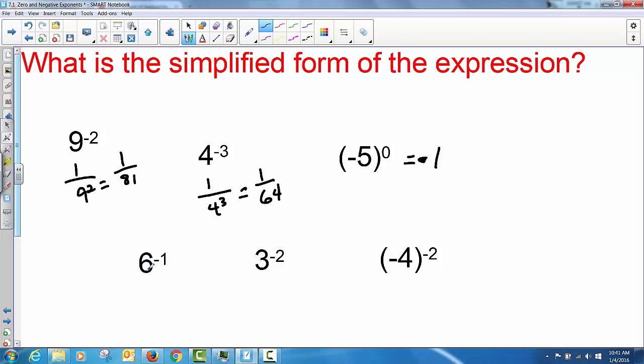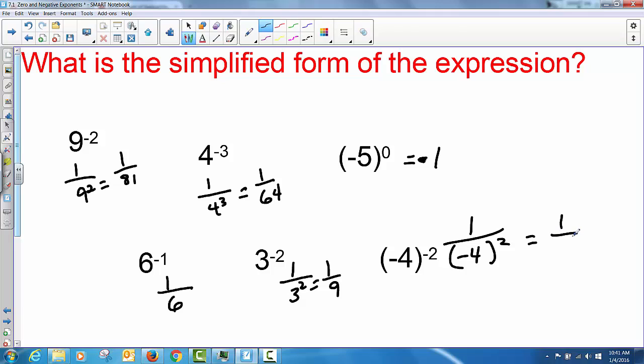Okay? 6 to the negative 1 is 1 over 6. 3 to the negative 2 would be 1 over 3 squared, which would be 1 over 9. And negative 4 to the negative 2 would be 1 over negative 4 squared, which would be 1 over 16. How'd you do?